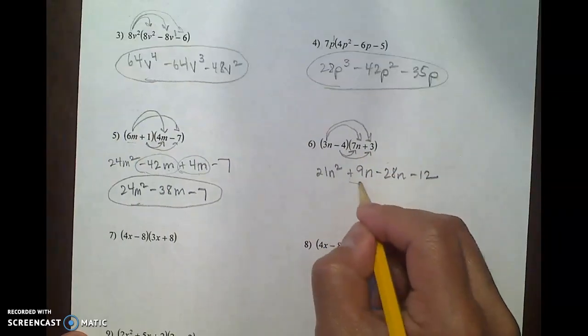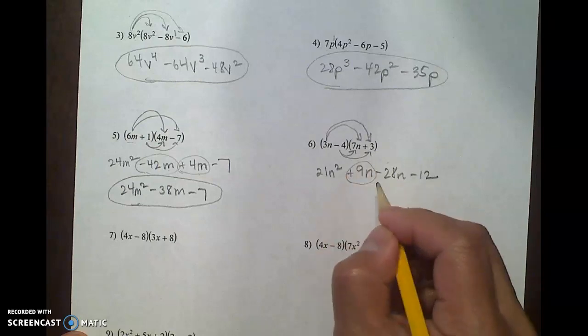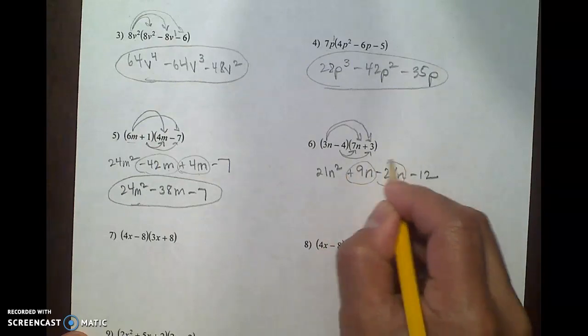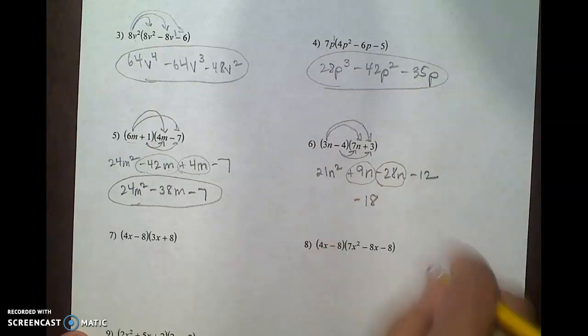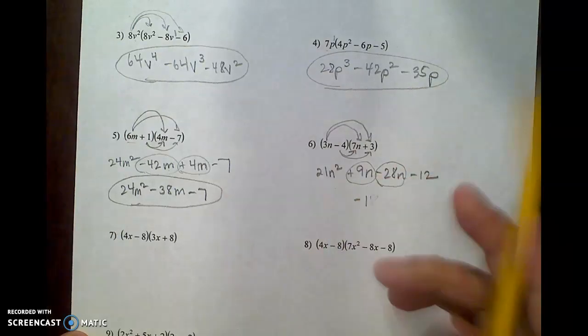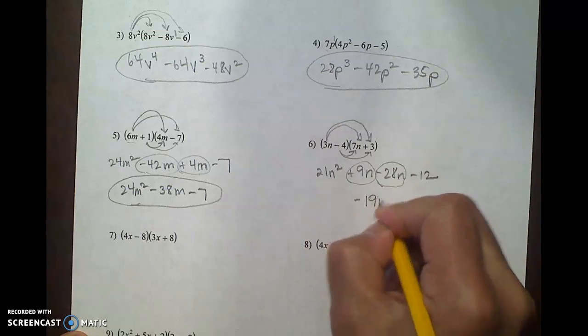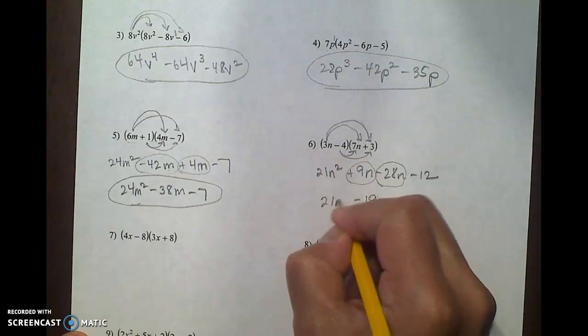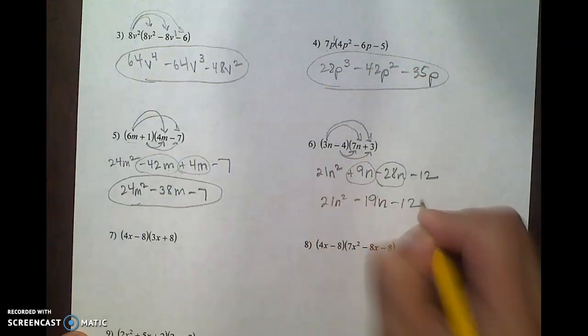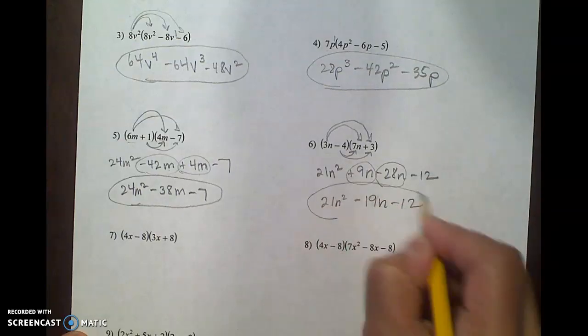Combine like terms, right here we have a 9n and a negative 28n. They give us negative 18. Oops, not negative 18, sorry. Negative 19n. 21n squared minus 12. Final answer.